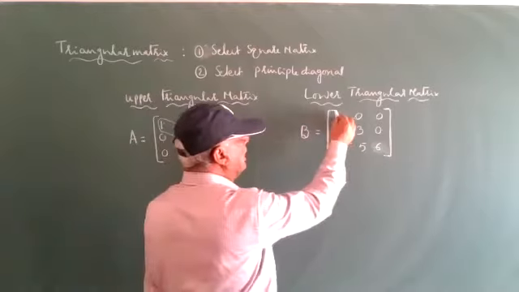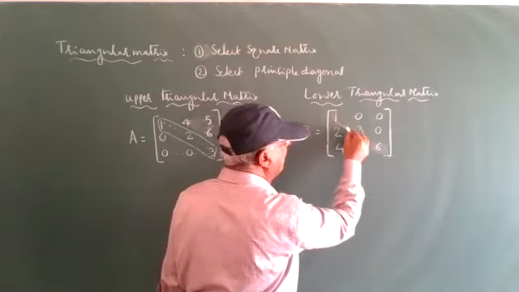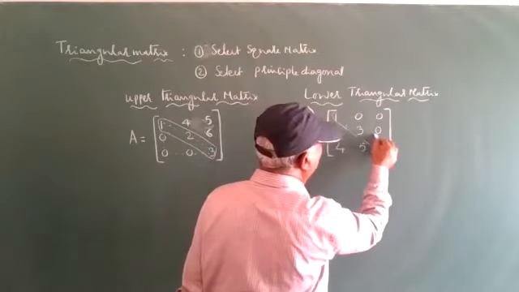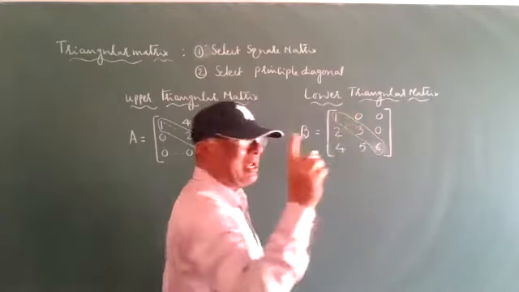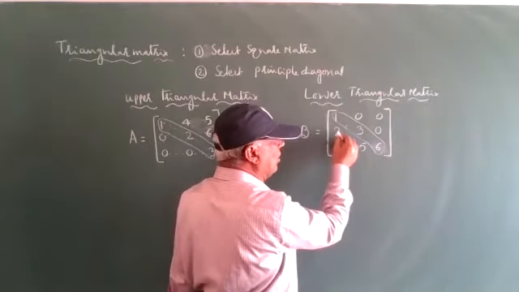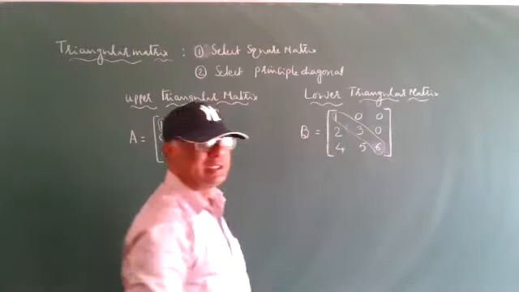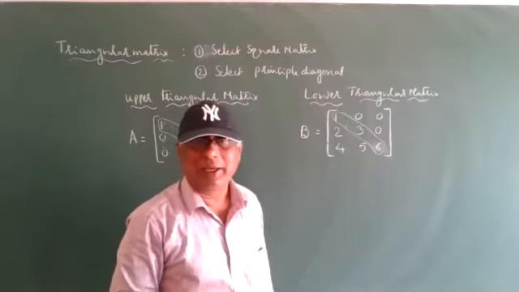Here the principal diagonal is 1, 3, 6. The first element diagonal is called the principal diagonal. The upper side is 0 and the downside has the elements. Therefore, this is called the lower triangular matrix.